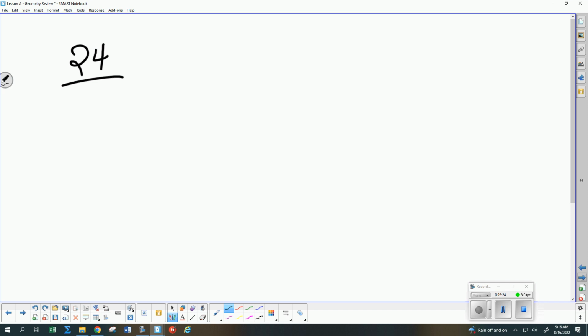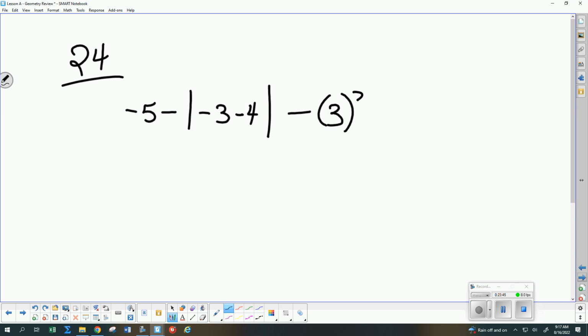So plan your work, top to bottom, left to right. -5 minus the absolute value of -3 minus 4. Close the absolute value, minus 3 that gets squared, minus 3.